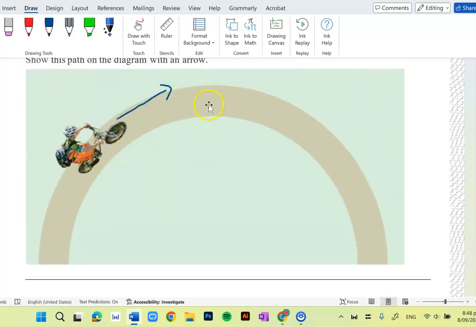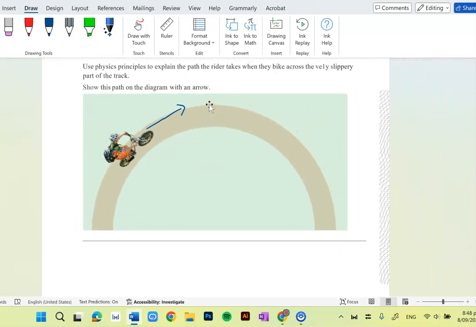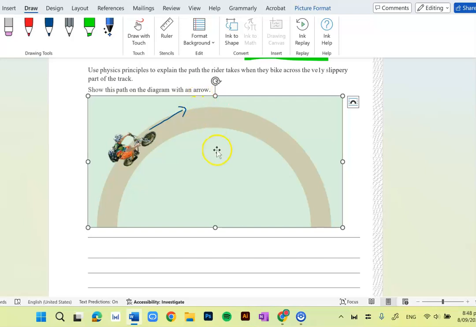So what we can say is, if I zoom out a little bit, basically what's going on here is when the friction force, which is provided when the tires and the road or bike or the track or whatever come into contact, that friction force gives a centripetal force that keeps it in circular motion.